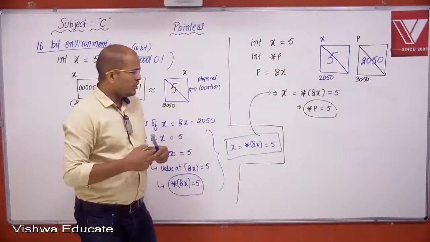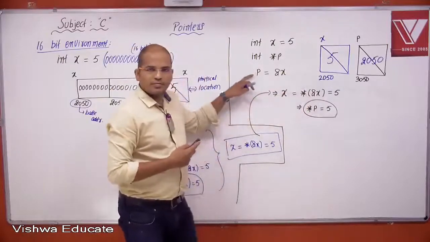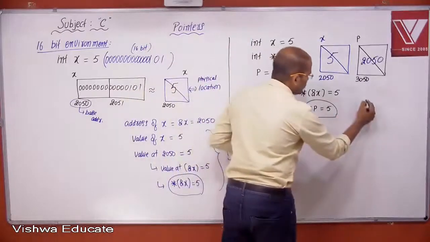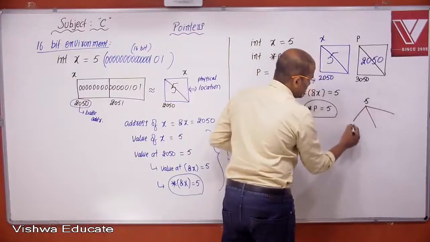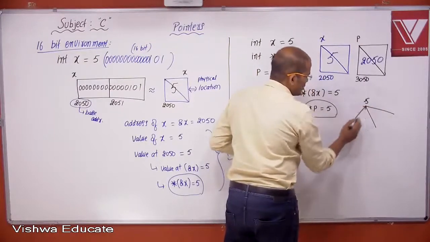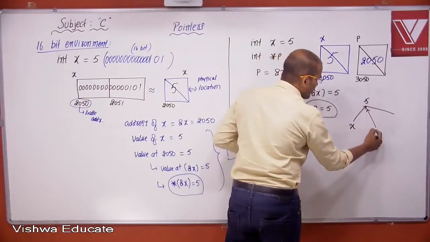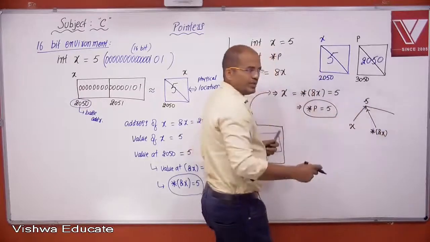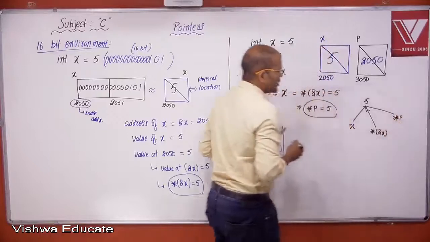What did I do? Nothing new. I replaced my address of x with the value of p. Now 5 is x. 5 can be handled by value at address of x. 5 is handled by pointer p.